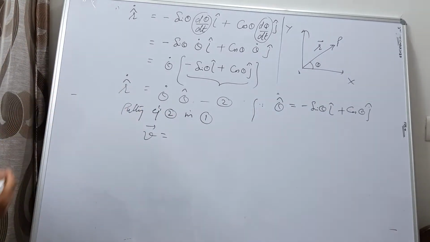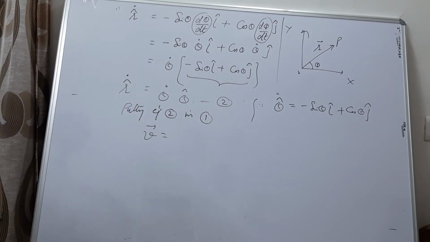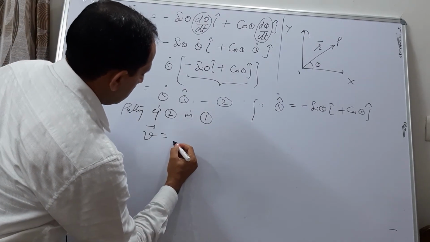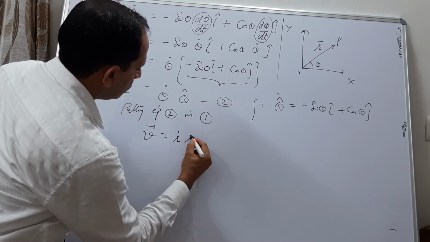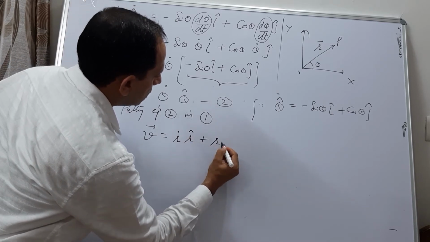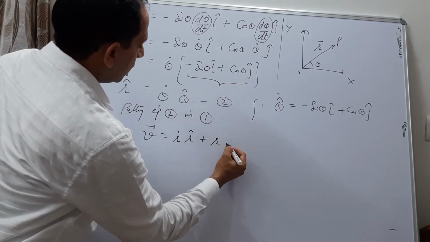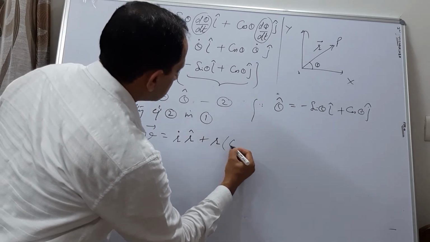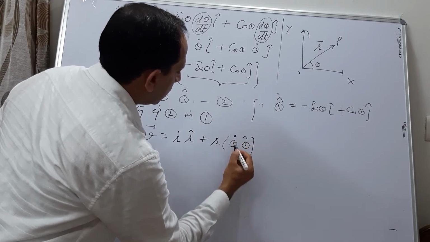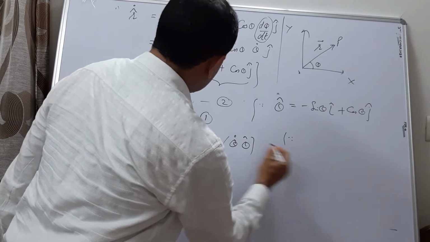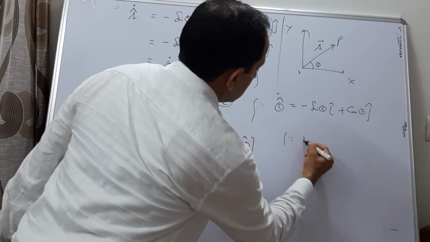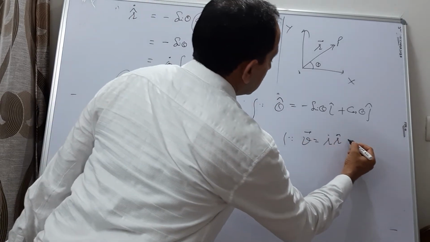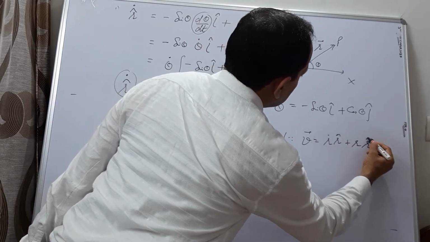We know that in equation 1, on the left hand side is velocity and on the right hand side it is r dot r cap plus r into r cap dot, and here r cap dot is theta dot into theta cap.